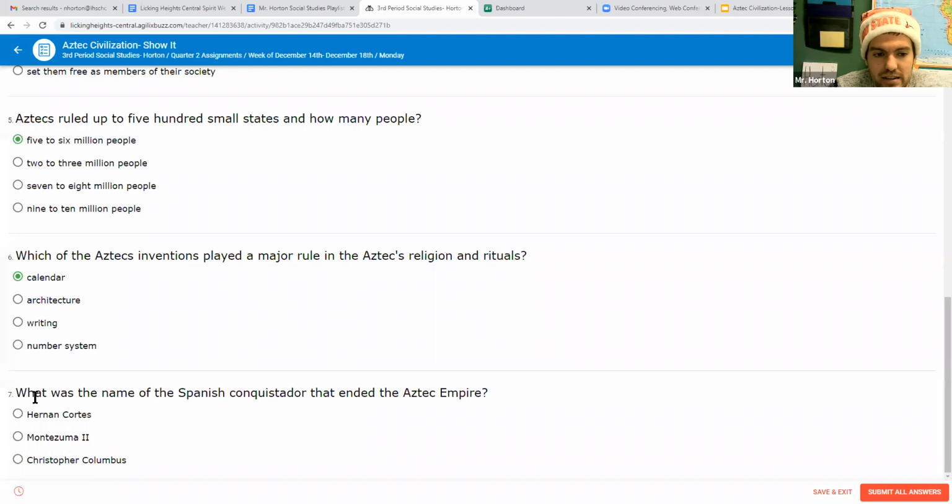And then lastly, number seven, it says, what was the name of the Spanish conquistador that ended the Aztec Empire? Who was the leader? Was it Hernan Cortez, Moctezuma II, or Christopher Columbus? What do we think for this one? Sophia?